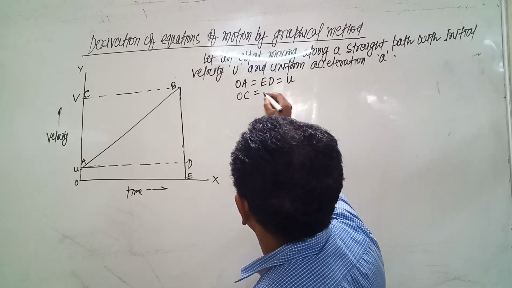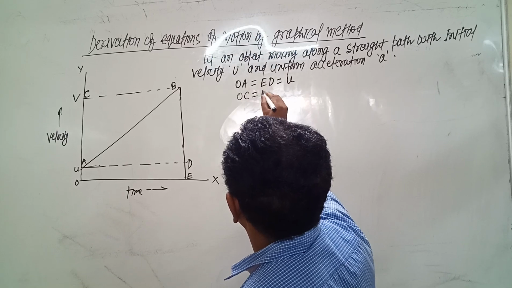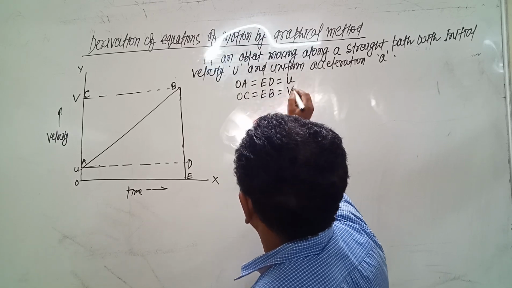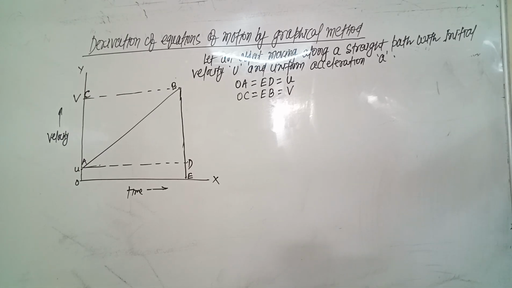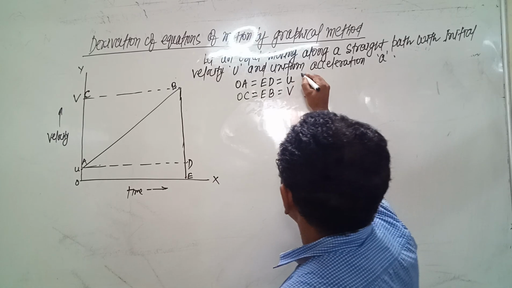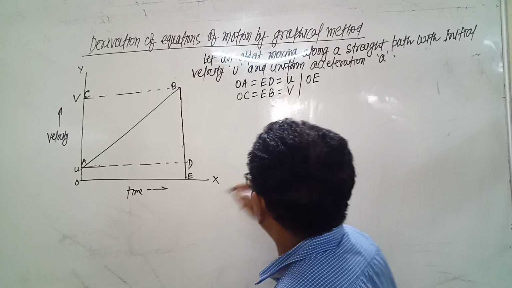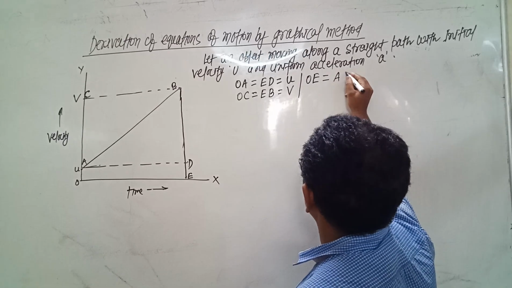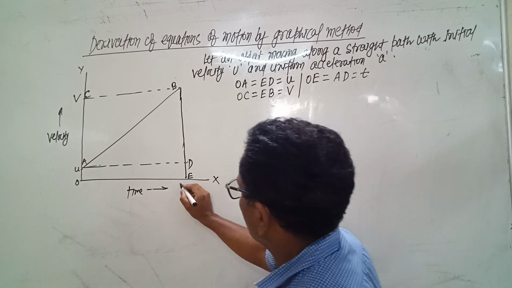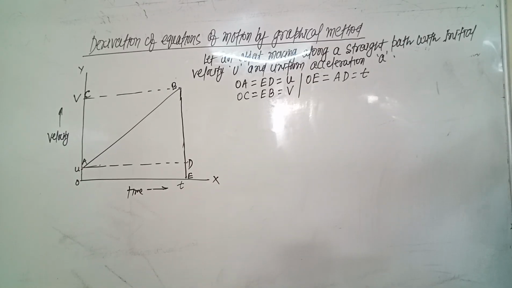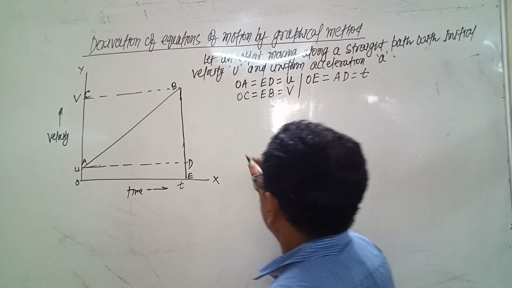OC equals EB equals v. And OE, this much distance, must be equal to AD, so OE equals AD equals t. This is time t. Now we know acceleration is equal to the slope of graph AB.